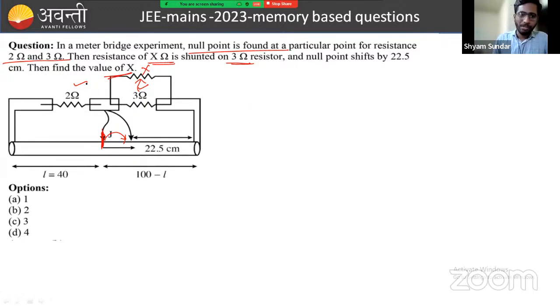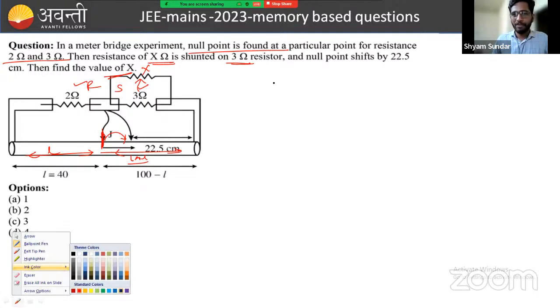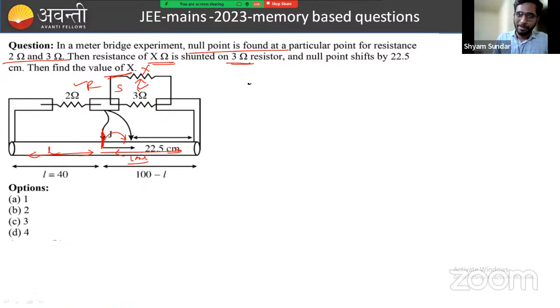If it is R, this is 100, this is what L will take, and this is 100 minus L. The formula for the meter bridge experiment is R by S equals L divided by 100 minus L.